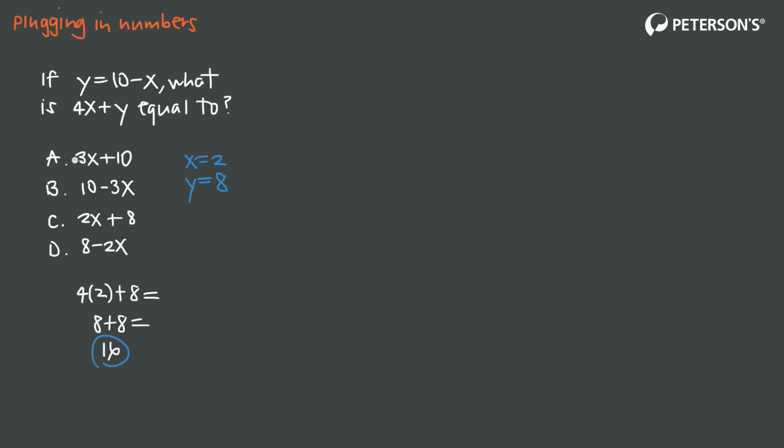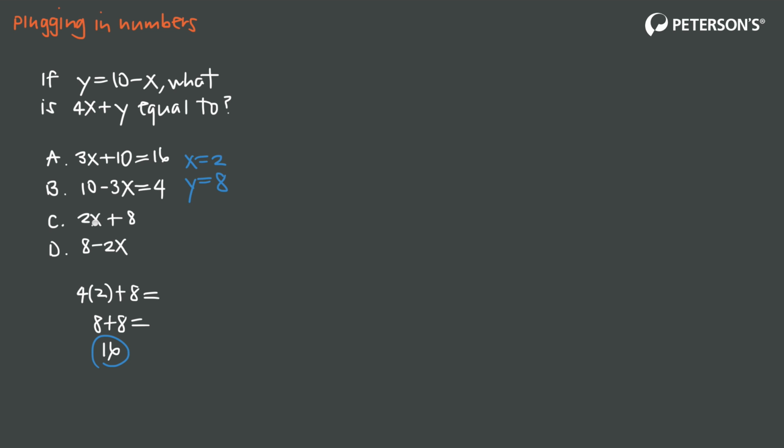So if we take x equals 2 and plug it into each answer choice, here we get 3 times 2 is 6, 6 plus 10 is 16. So we get 16, that matches our answer, so answer choice A is probably correct. We need to make sure, though, that none of the other answer choices also produce a value of 16. So here we get 3 times 2 is 6, 10 minus 6 is 4.